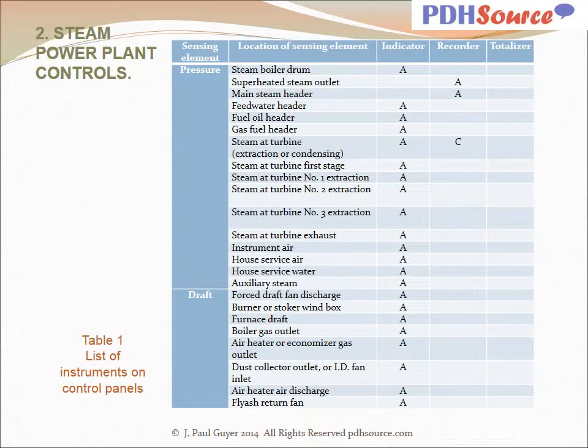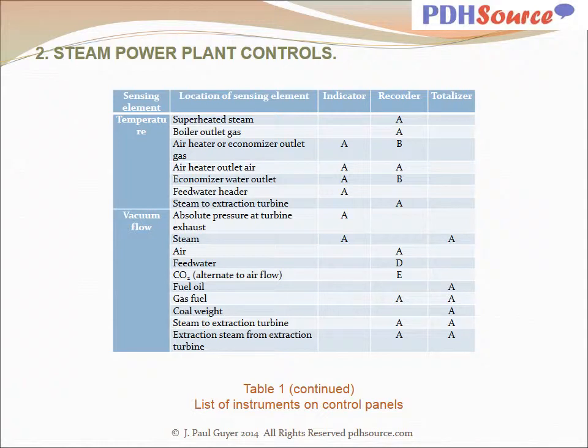Table 1 indicates a list of instruments on control panels, typically the pressure elements, the draft elements. Table 1 is continued on this slide.